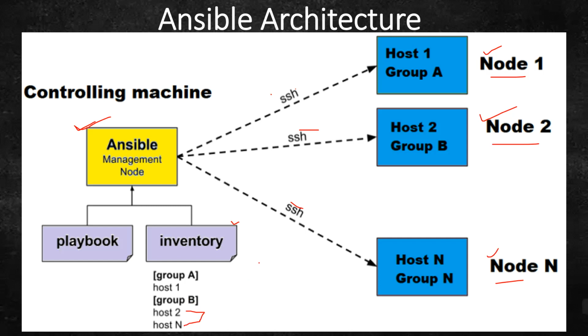When we give the group name in the host name, suppose I give group A, then it will execute the configuration only on host one. When I give group B, it automatically executes on two machines, right? So this is the complete architecture of Ansible.